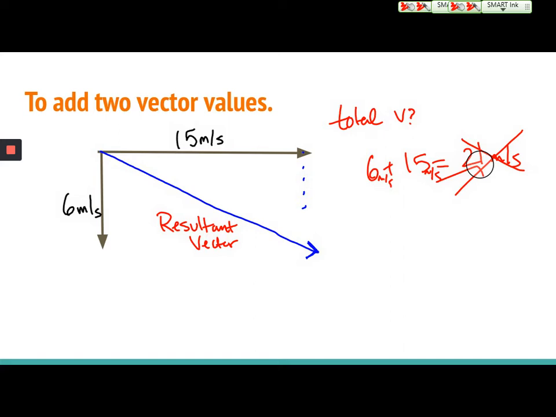And so if you've taken math before, you probably recognize I just made myself a nice little right triangle with a hypotenuse unknown, a short leg of 6 meters per second and a long leg of 15 meters per second. So my velocity is going to be found per Pythagoras' theorem.